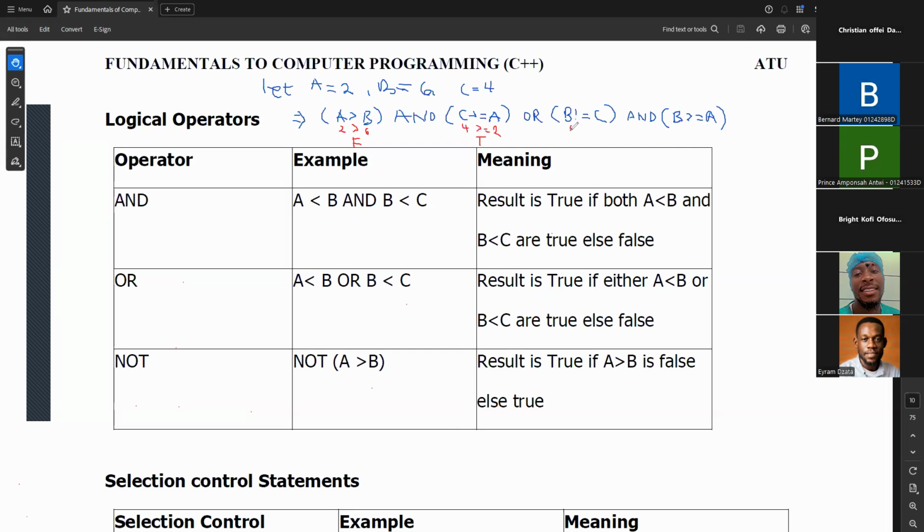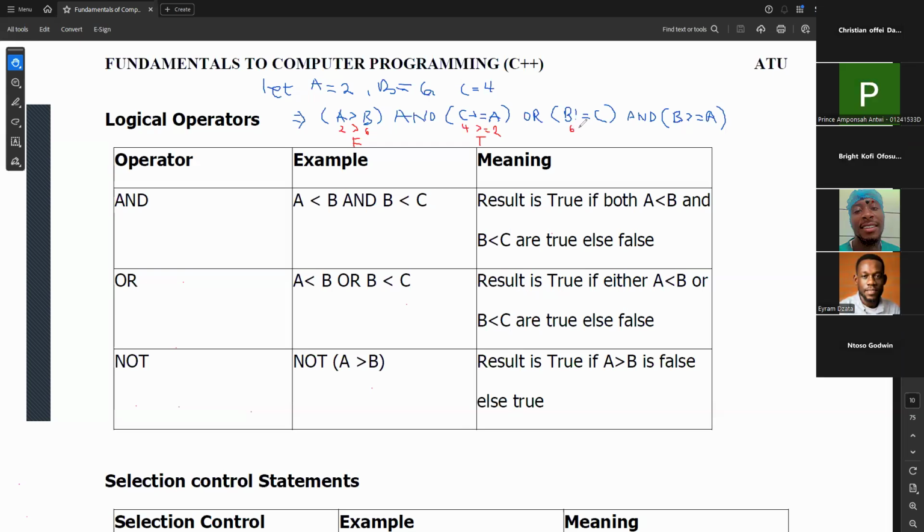And B is not equal to C. Yes, 6 is not equal to 4, and that one is true. Okay. And then the last one here, B greater than or equal to A. That's B is 6 and A is 2.